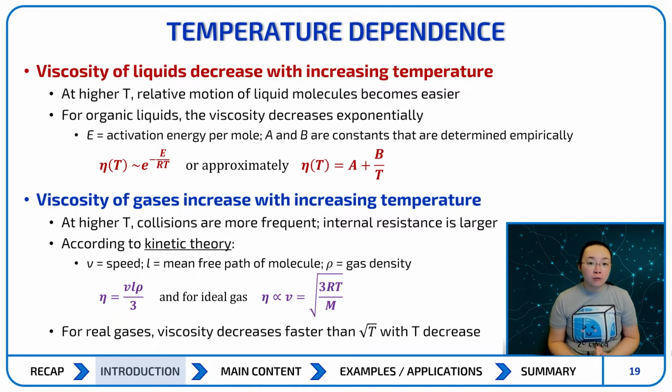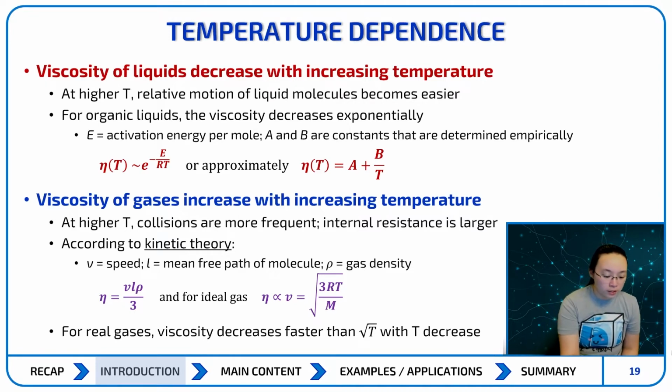Because there's a higher frequency of collisions and more interactions, that means that there is going to be a larger amount of intermolecular friction forces, which actually means your viscosity will increase because it'll get harder for it to move. For real gases, though, viscosity will decrease faster than the square root of T with a temperature decrease.